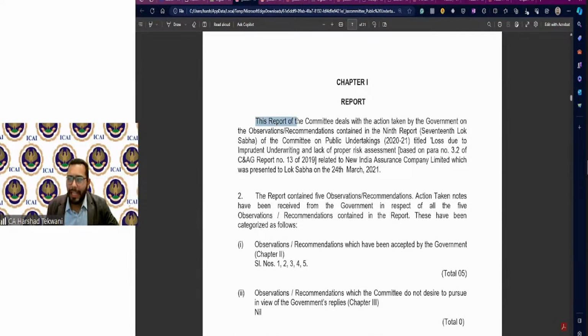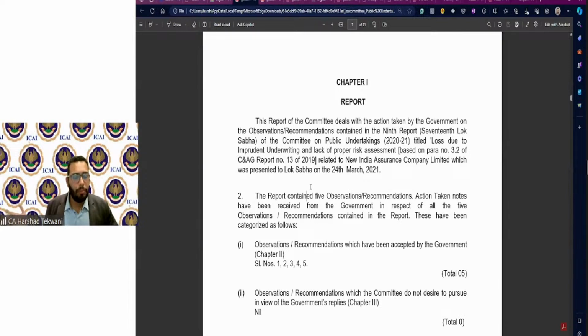This report of the committee deals with the action taken by the government on the observations and recommendations contained in the 19th report of the Committee on Public Undertakings, titled Loss Due to Imprudent Underwriting and Lack of Proper Risk Management. So there was a particular observation. That observation was picked up by the CNAG in his report, which was placed, and then there was one report issued by the Committee on Public Undertakings.